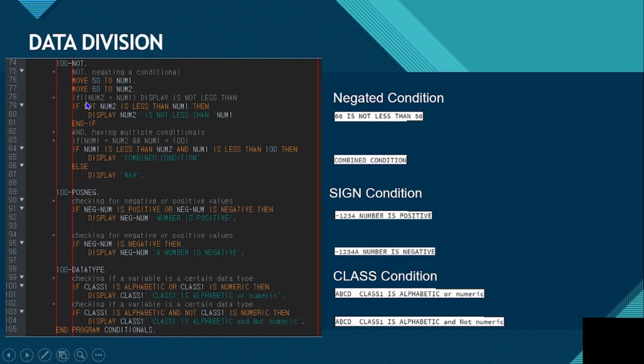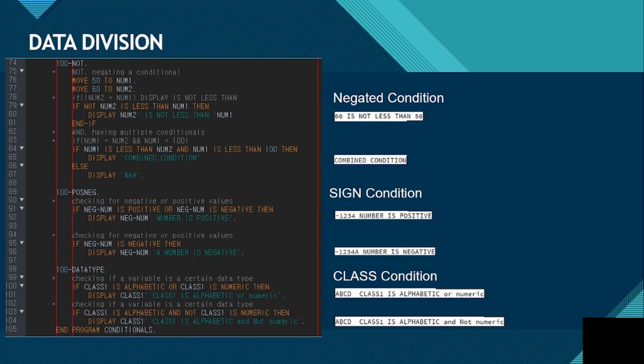But since it has a NOT, it negates it to true, which means that we can display num2 is not less than num1, meaning 60 is greater than num2, or num2 is not lesser than num1.